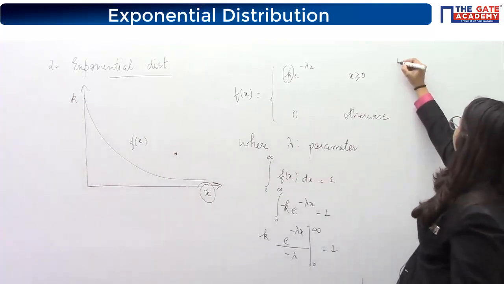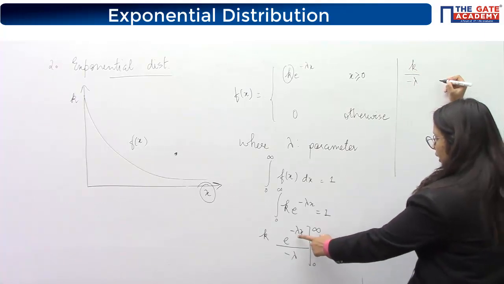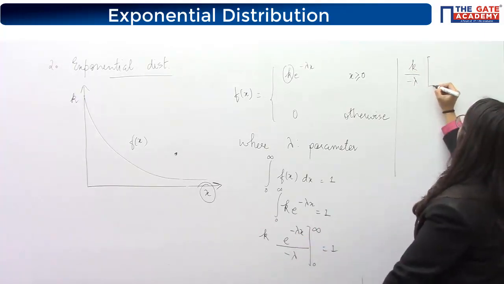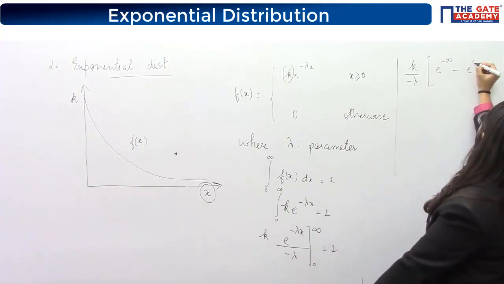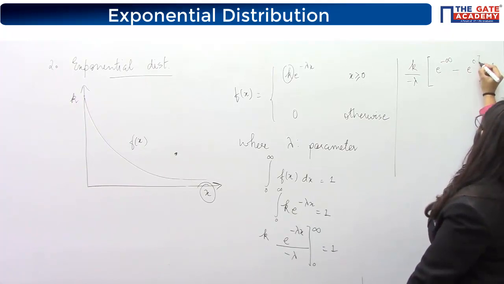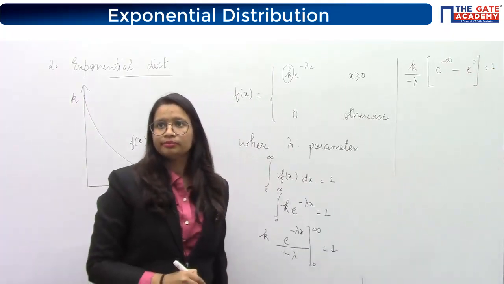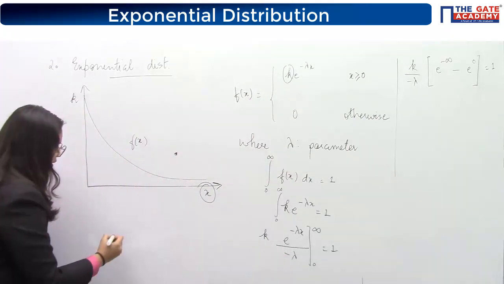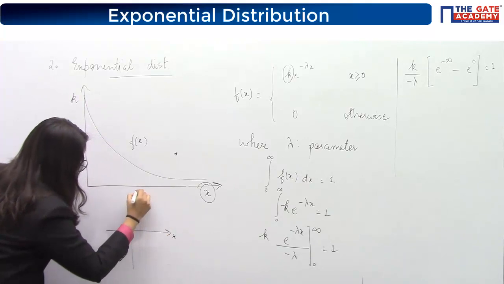Now this will become k by minus lambda, lambda is a constant, times e to the power minus infinity minus e to the power 0, which is 1. What is the value of e to the power minus infinity? Do you remember the graph of e to the power x?